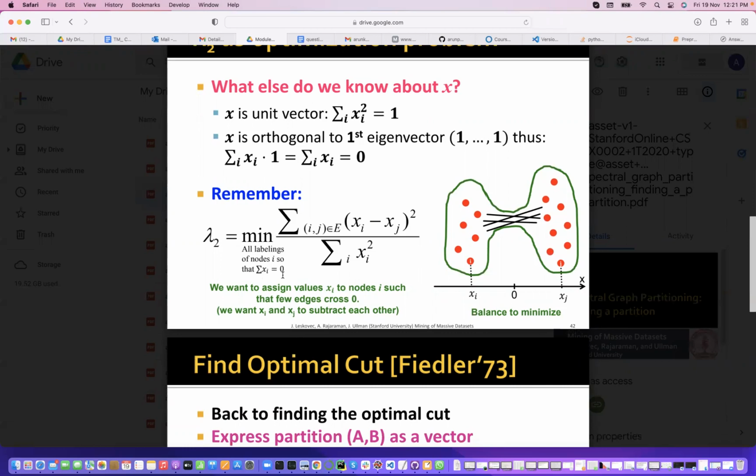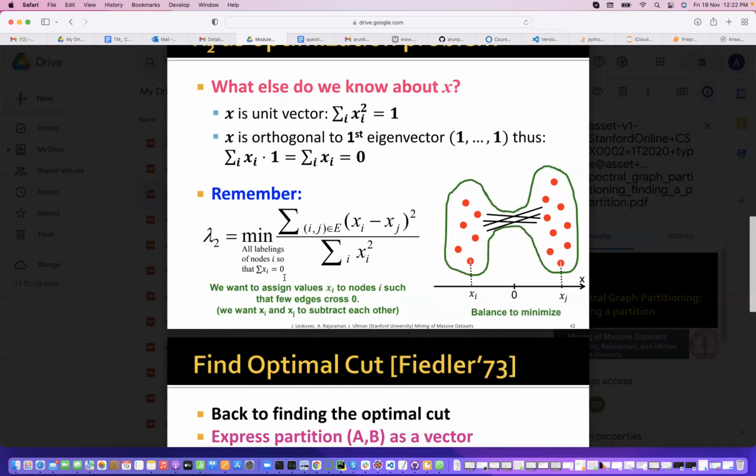So Harideep, for your question, what values you can assign for x, that also should satisfy this. When you add up those values, you should get 0. Sigma xi equal to 0 means when you add up all those values, you should get 0.